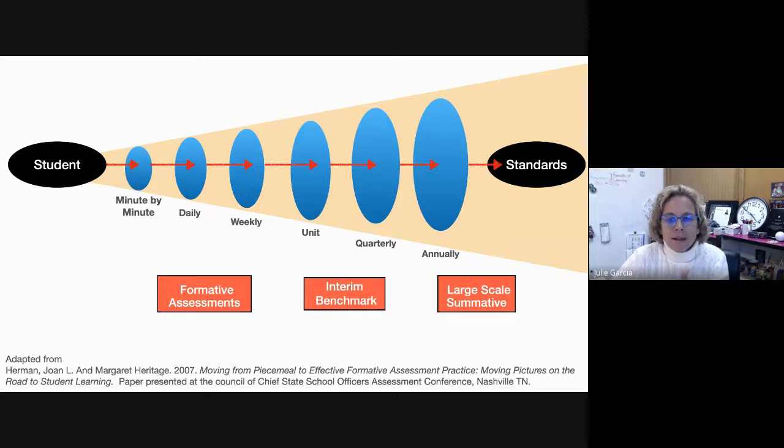Looking at the far right, you can see those are our annual assessments. So here in California, those are our state annual assessments for math, language arts, science. And then we break it down, and it goes into more and more detail. There's quarterly assessments that, like our district used to and are going back to, benchmark assessments, where every quarter we provide a more summative assessment type approach where we can check in.